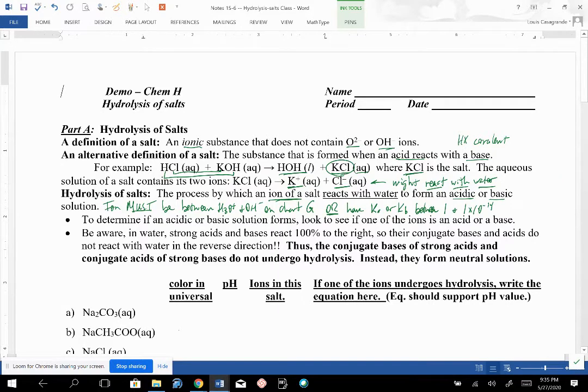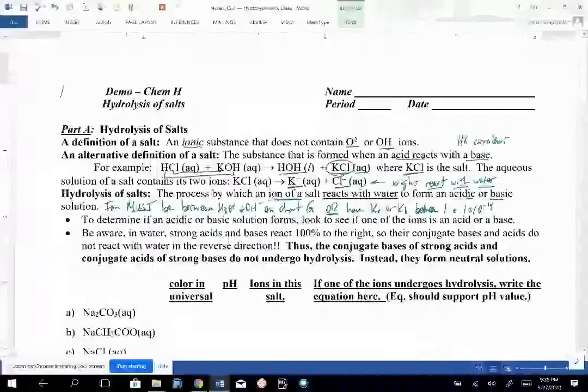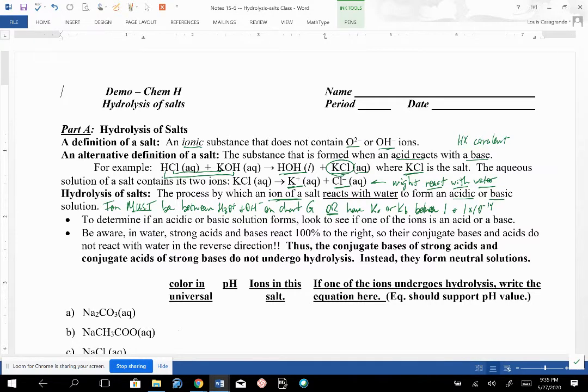We'll usually see those ranges. And when that happens, then we're going to be able to get hydrolysis.